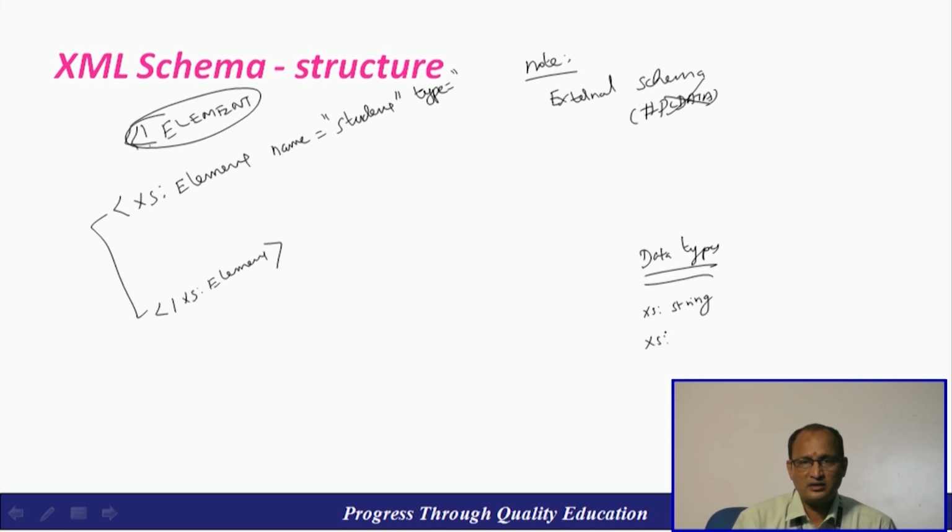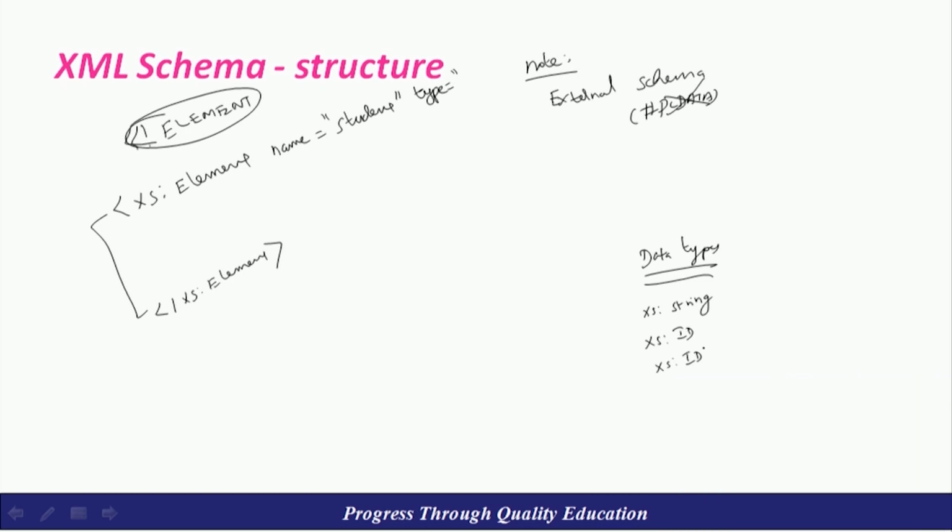Whatever we learned in DTD, that can be taken. So XS colon ID, XS colon IDREF, XS colon IDREFS, XS colon NMTOKEN, then NMTOKENS, so various types. Apart from that, we have the primitive data types which are available in normal programming languages.